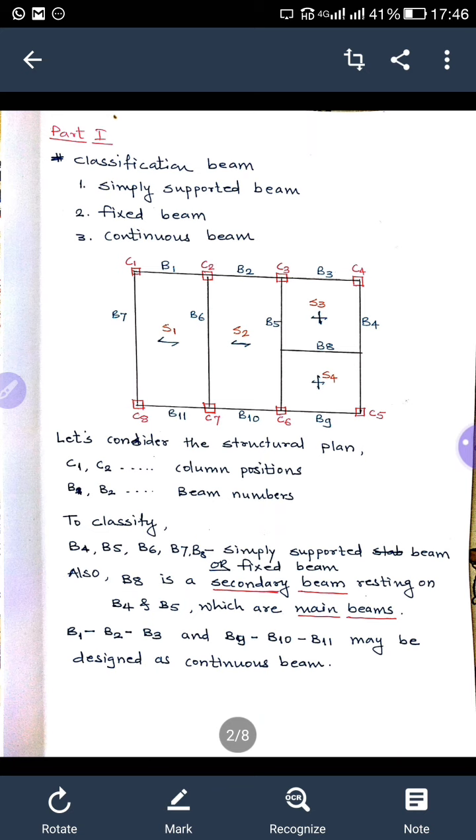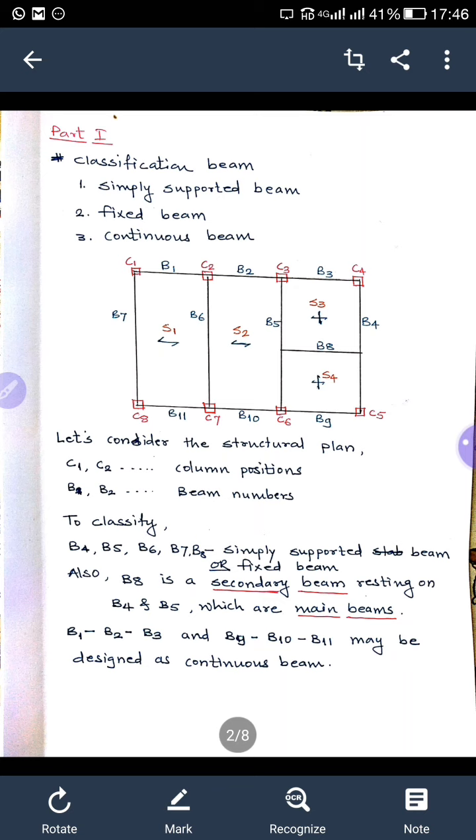Before this, we have known classification of beams as simply supported beam, fixed beam and continuous beam. Now referring to this structural plan, let us classify the beams. Herein C1, C2, C3 etc. are column positions.